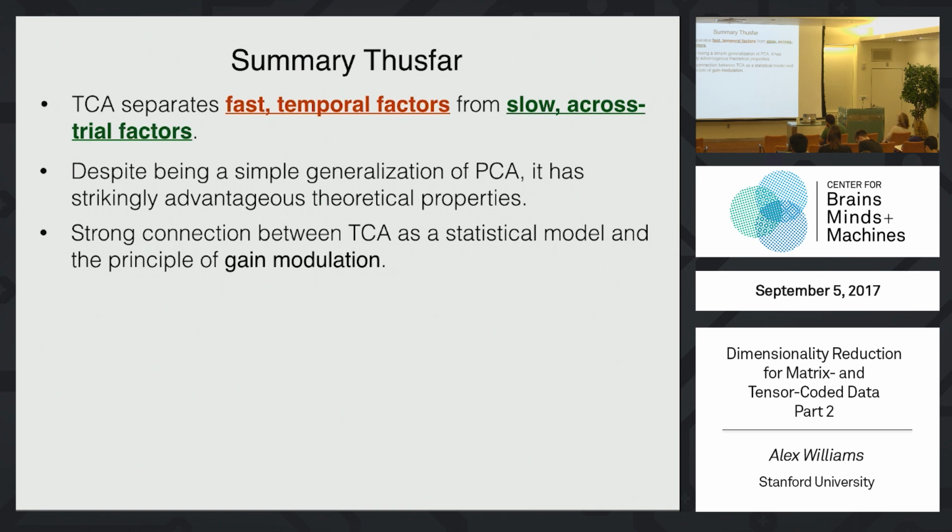Okay, so so far I've introduced a new technique, TCA, that is going to give you separate low-dimensional bases for fast within-trial computations and slower emergent trends that happen over many trials. And despite being a very simple generalization of PCA, it actually has strikingly advantageous theoretical properties. In particular, it doesn't have this rotational ambiguity under very mild conditions.